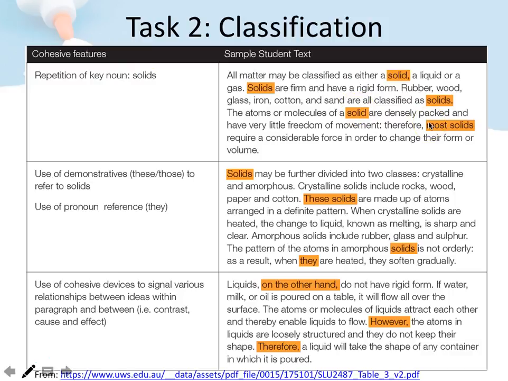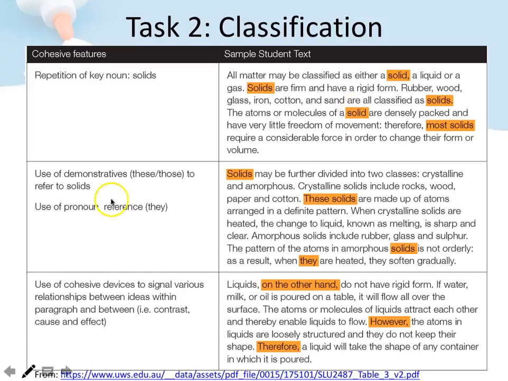Many students think that using the same word a couple times in a paragraph is bad. You shouldn't overuse it, so that you should have variety in your writing. That's true, but when it is the main idea of your text, I think it is more helpful to repeat that word instead of finding different words for solids.